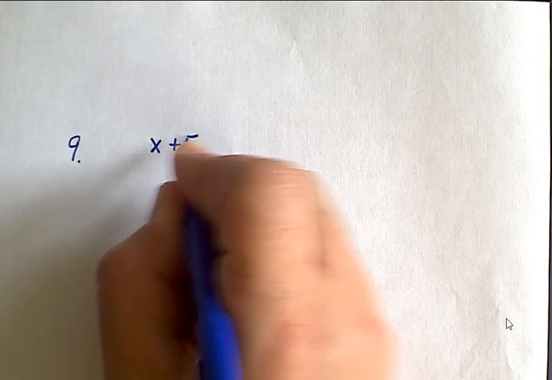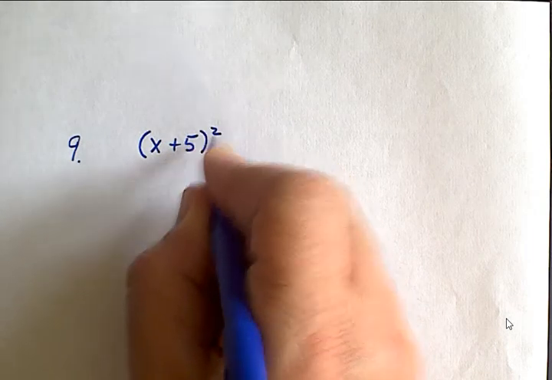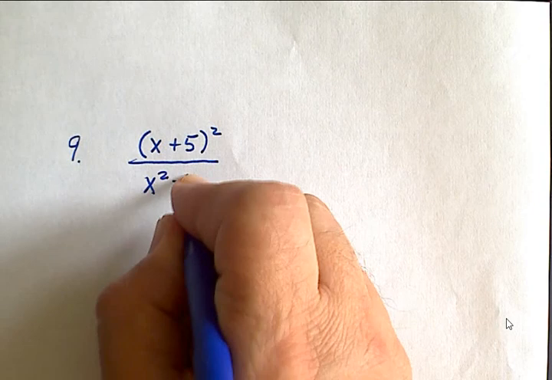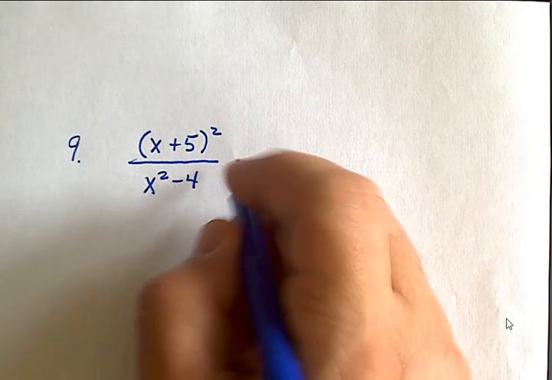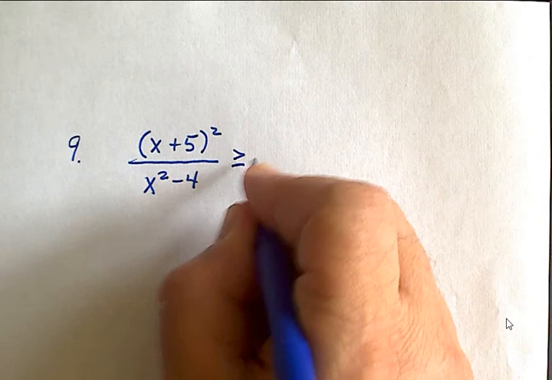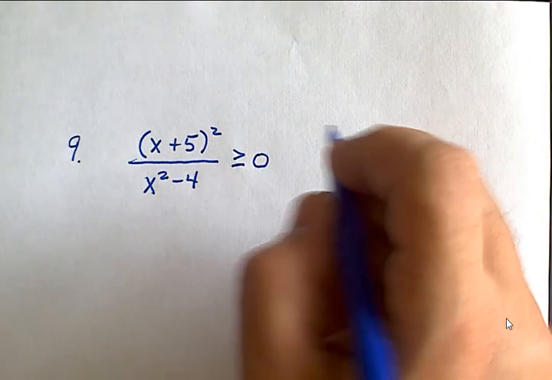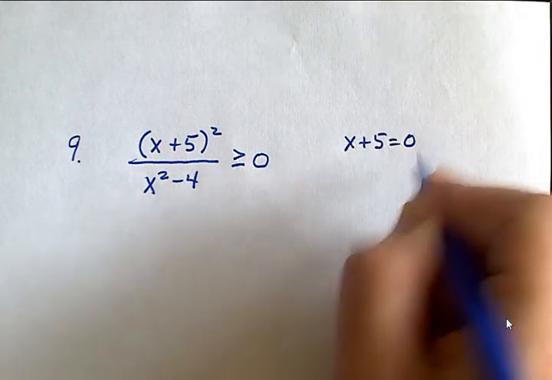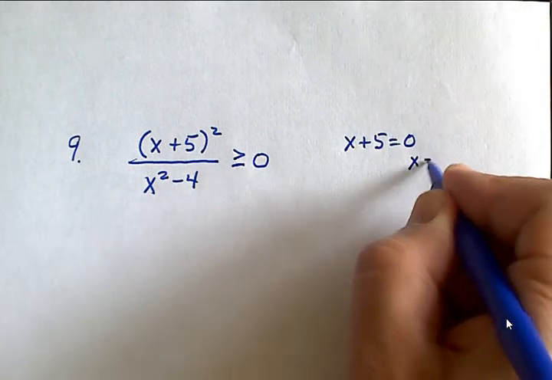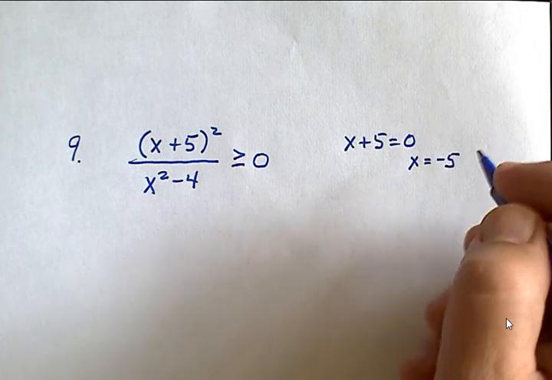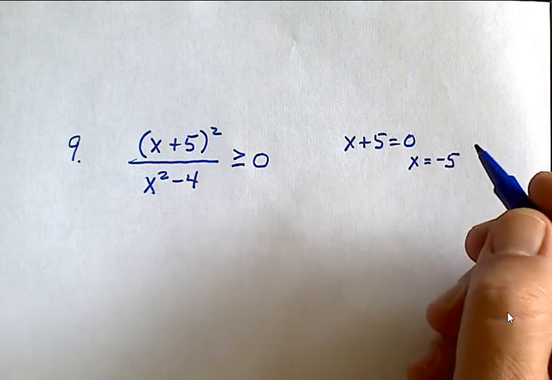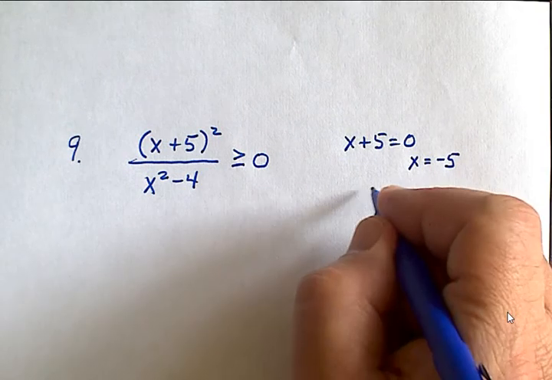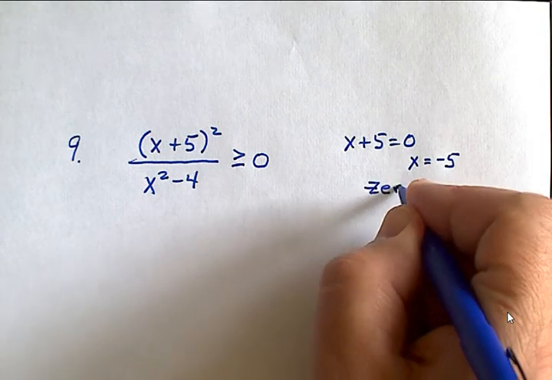So on number 9, what I'm going to do is take each part of this fraction and set it equal to 0. When I set the top equal to 0, I get that x equals -5. That is my intercept, my 0 for this particular function.